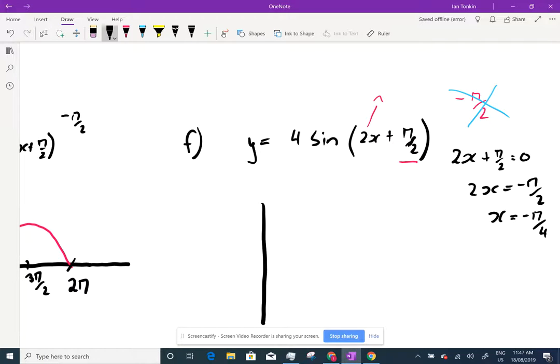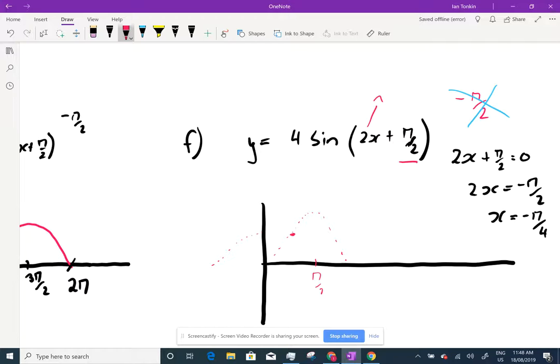So let's draw it. And we've moved it pi on 4. Okay? So normally it would start here, and pi on 4, that's it, that's pi on 2. Pi on 4 is here. Right? So we've taken it, and that's my pi on 4.